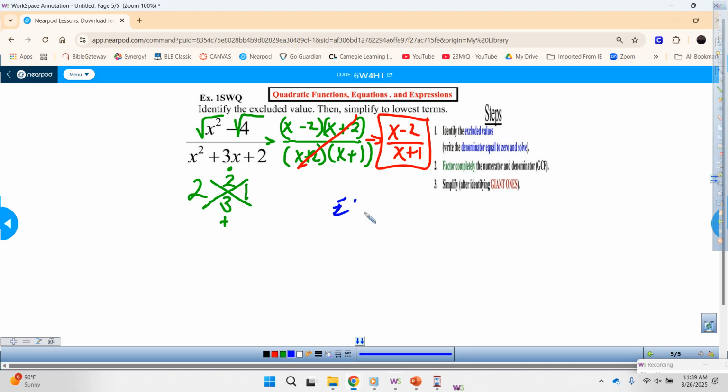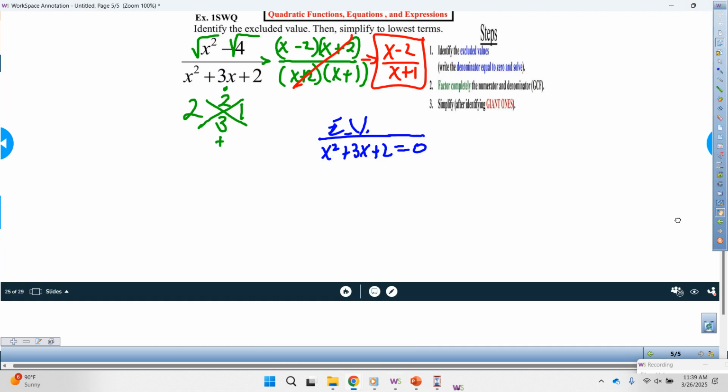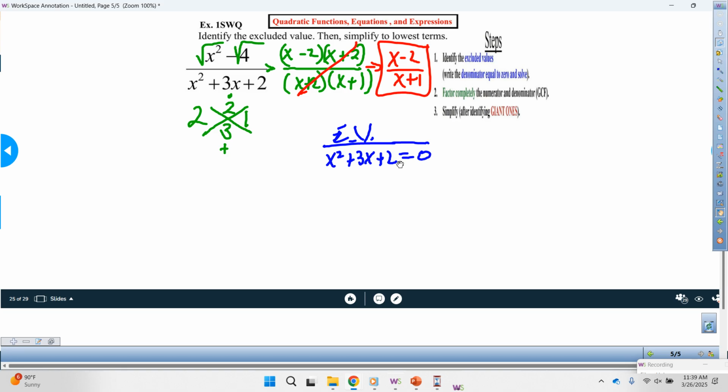Excluded values. We got x squared plus 3x plus 2 equal to 0. Tell your neighbor what to do from there to make sure that you understand how to solve those. How do we solve that? What do we do next, Elijah?